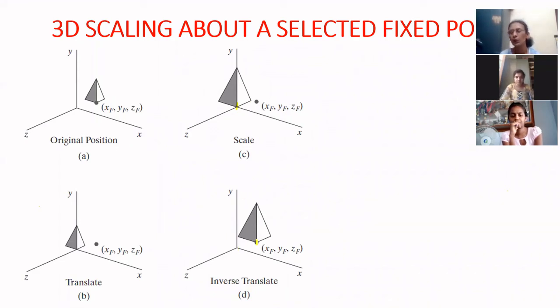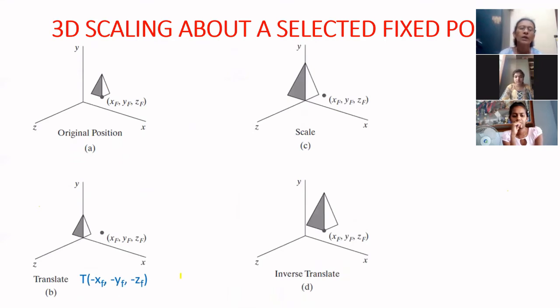That is the inverse of the translation we did in the first step. By how much do we translate in the first step? We have to move from Xf, Yf, Zf to the origin, so we translate by minus Xf, minus Yf, minus Zf.